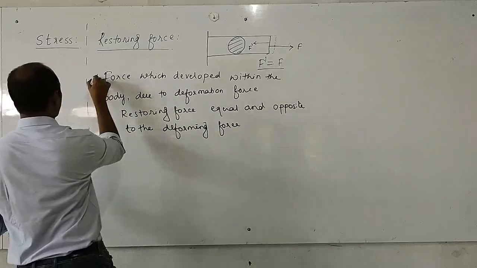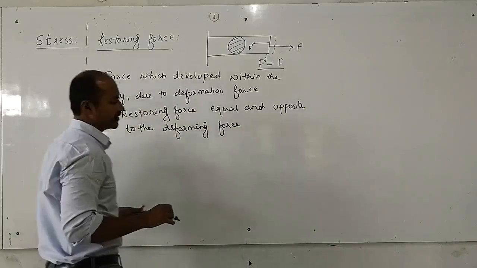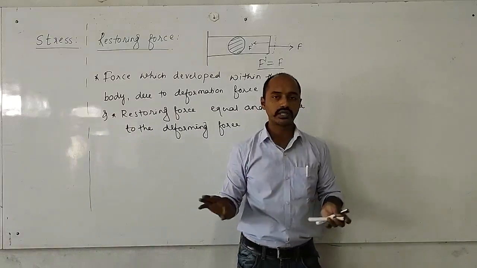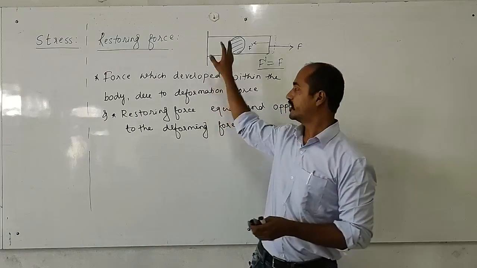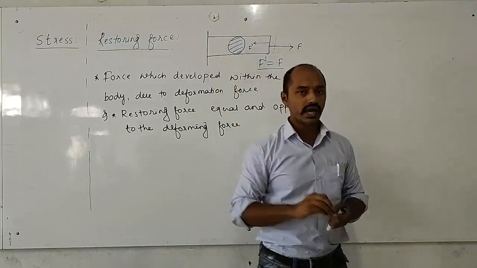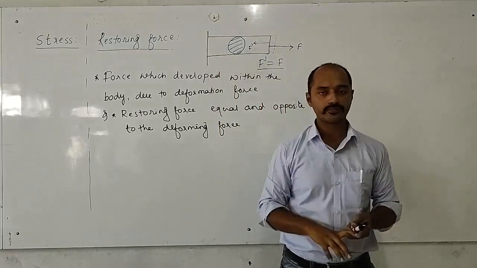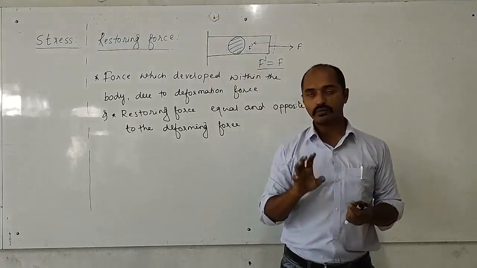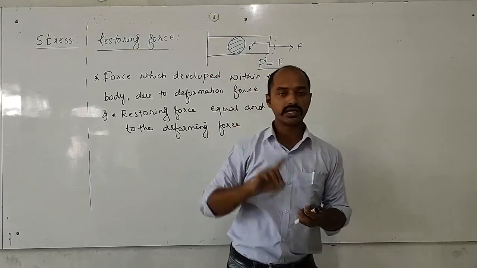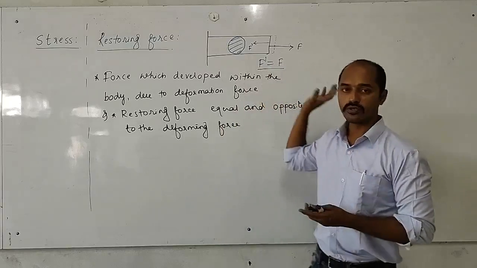These two points you have to remember: the restoring force is an inbuilt force of the body which exists when the external force is applied, and it is equal and opposite to the deformation force.